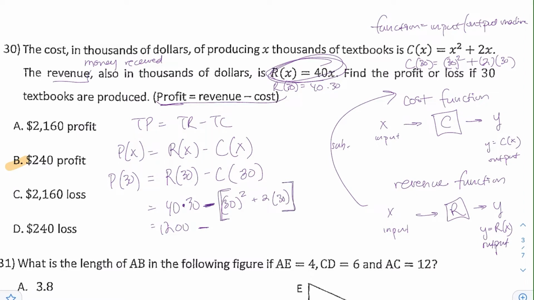We can also distribute the negative sign. So when you subtract, 30 squared is 900, plus 30 times 2 is 60. So what you have is 1,200 minus 960, which is equal to 240. And you're making profit, which means you're making money.